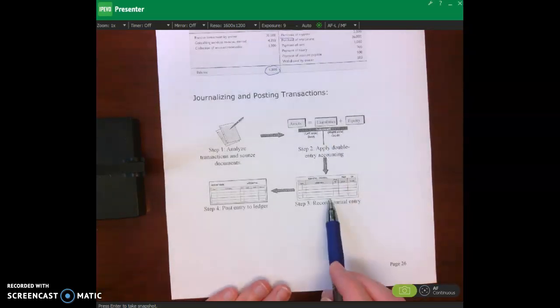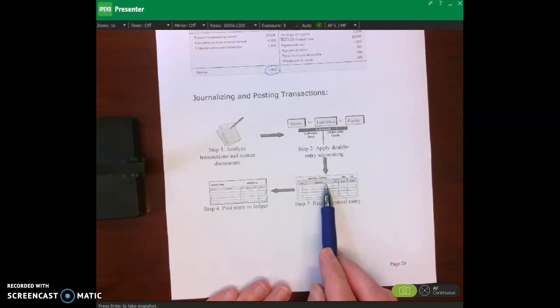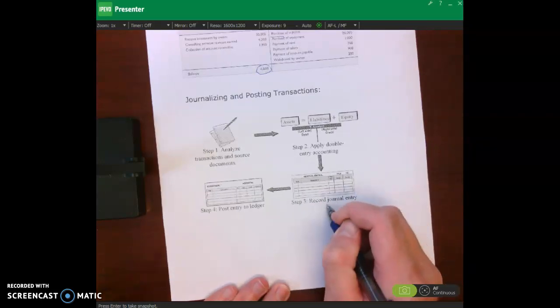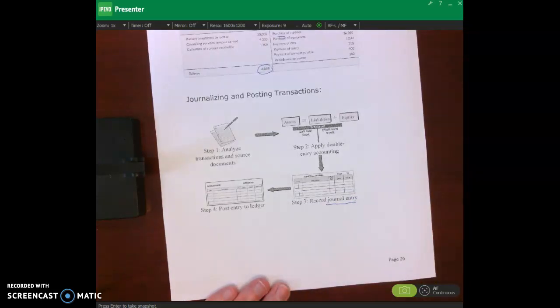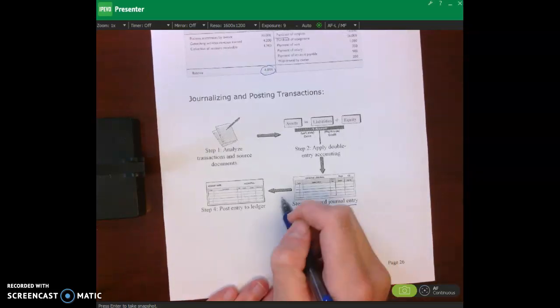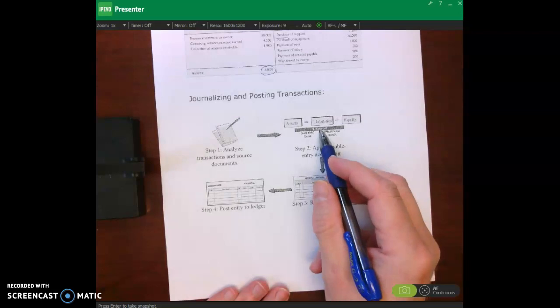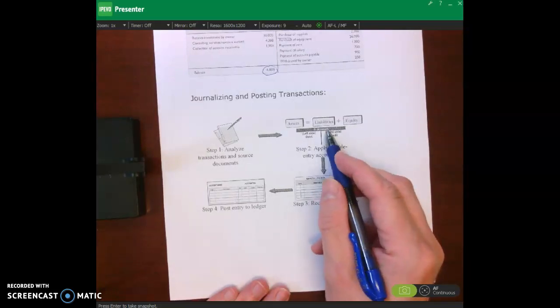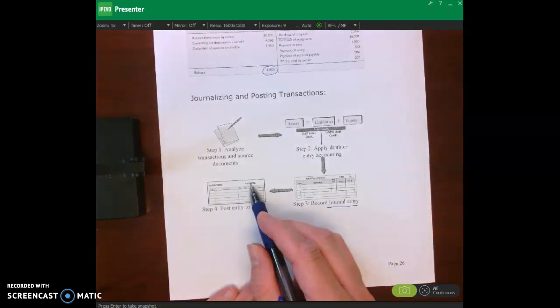Step 3, doing our debits and credits in our journal. This is recording it in a journal entry in our general journal. So we put an entry into the general journal. That's why it's called a journal entry. And then step 4, we will update our T accounts, which represent our accounts in the general ledger.